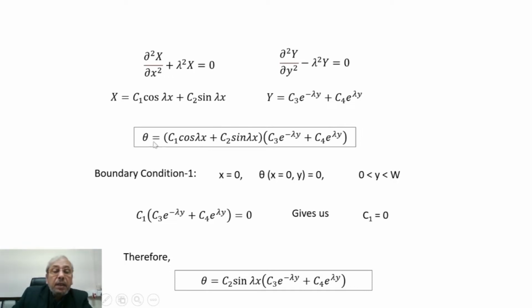We can write theta equal to C2 sine lambda x into C3 e to the power minus lambda y plus C4 e to the power plus lambda y. We have to find out all these constants, C1, C2, C3, C4. So C1 we have found as 0, and now theta can be written as this.